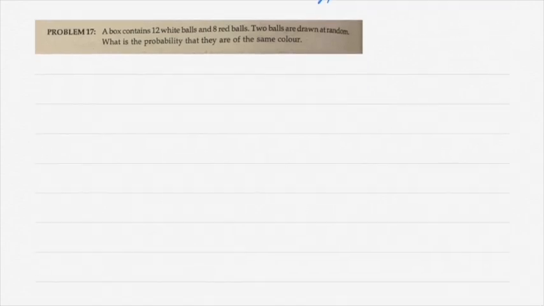So, your sample space, there are 20 balls, and you are selecting 2 balls out of 20 balls. So, your sample space will be 20C2.